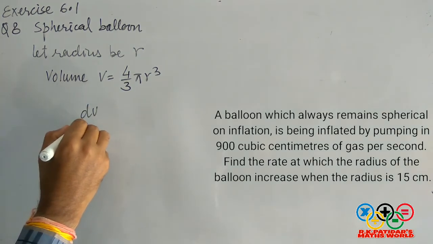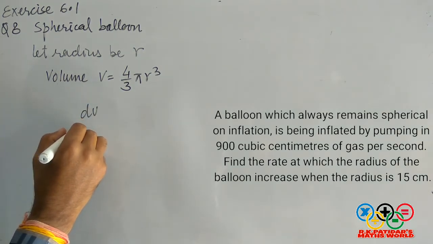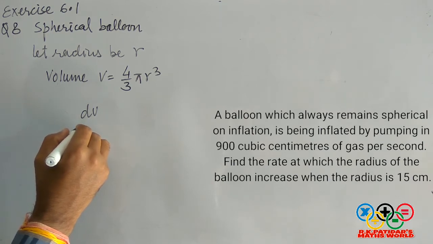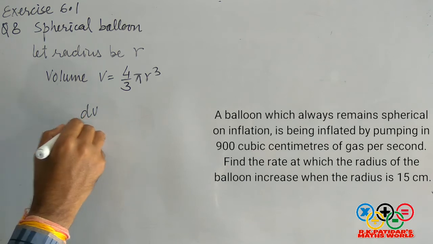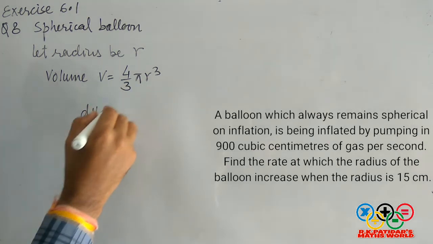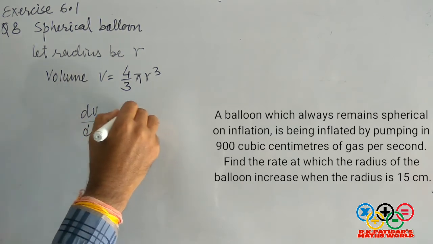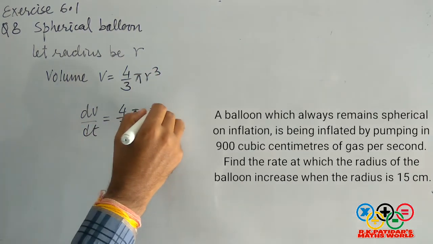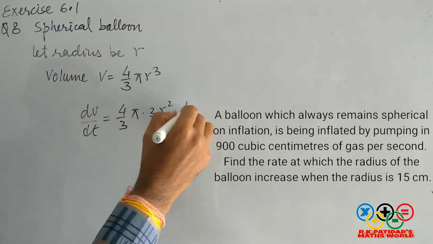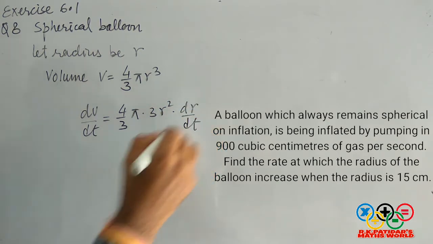Now if we differentiate it with respect to time, because rate of change of volume with respect to time is given, so dV/dt means we differentiate it with respect to t. 4 by 3 pi and r cube gives 3r square into dr/dt.